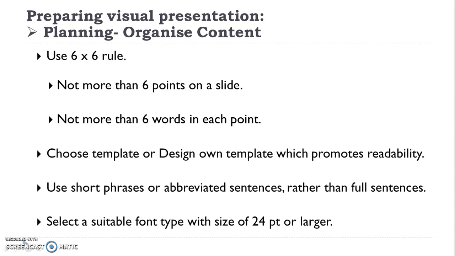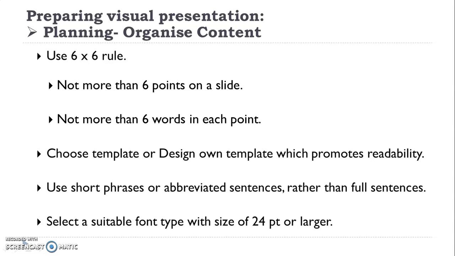Now, how to organize your content on the slide. So here is the basic thumb rule of 6 by 6. It means every slide should not contain more than 6 points of your content. Each point should not contain more than 6 words. So it would be a good practice and advisable.